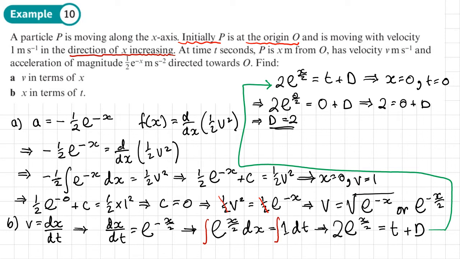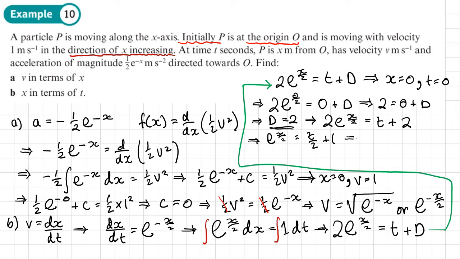So our full expression for displacement is 2e to the x over 2 is equal to t plus 2. Now we want x in terms of t, so the rest of this is just rearranging it to make x the subject. We'll divide both sides by 2, so we've got e to the x over 2 is equal to t over 2 plus 1.